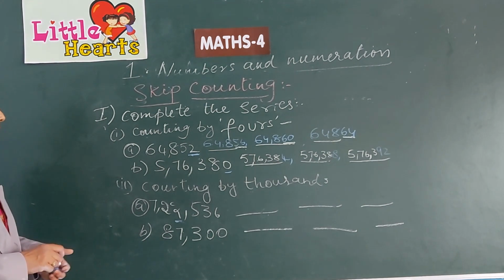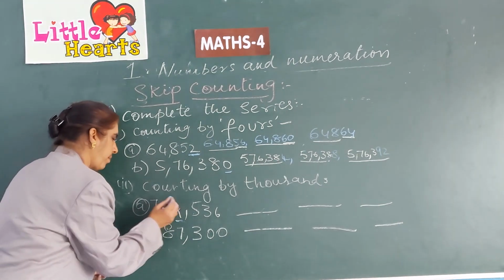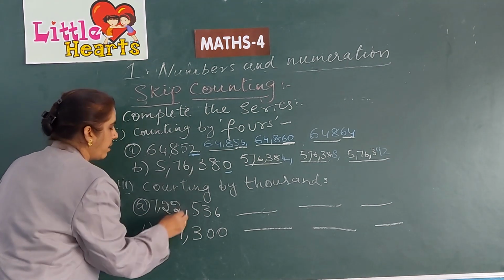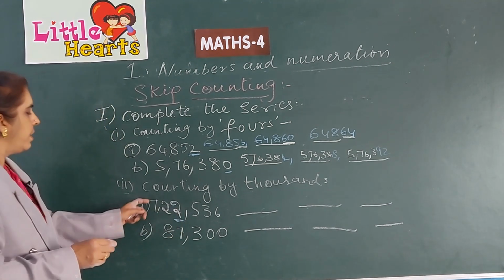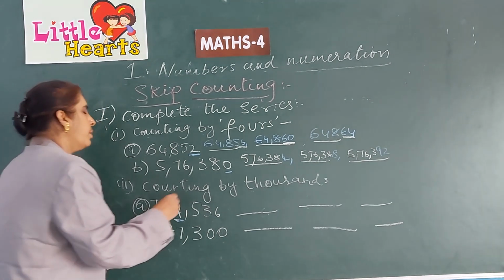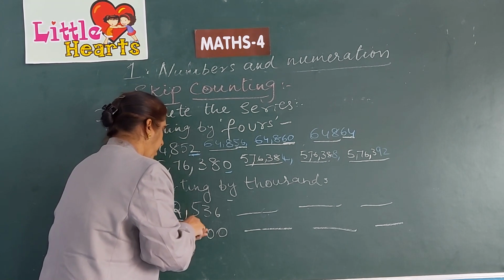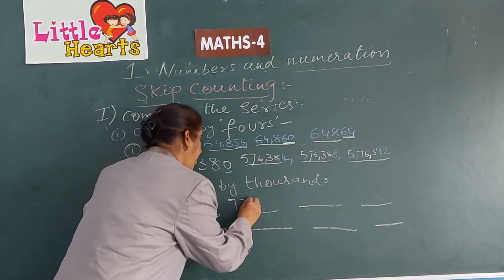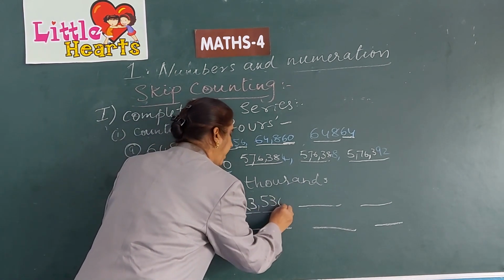Now counting by thousands. So just you have to increase the thousands place digit by 1. This is 7,22,536. So the next number would be 7,23,536.